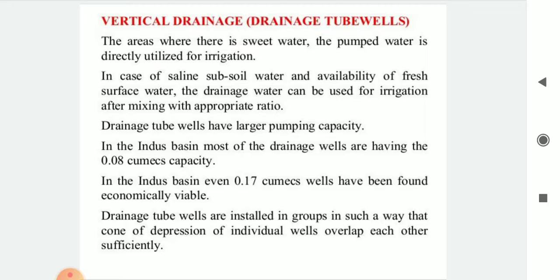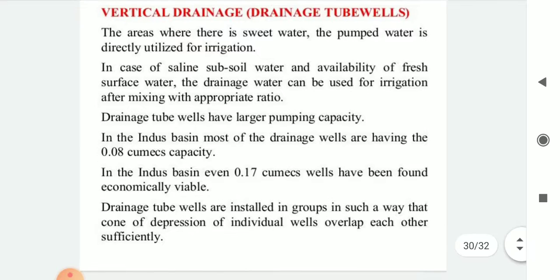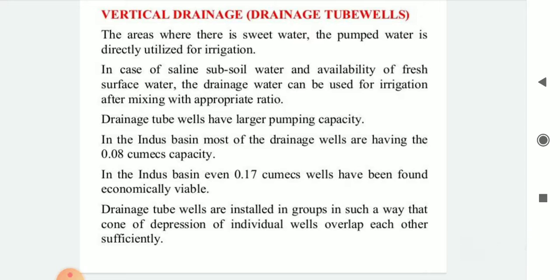In case of saline subsoil water and availability of fresh surface water, the drainage water can be used for irrigation after mixing in appropriate ratio. Drainage tube wells have larger pumping capacity. In the Indus basin, most of the drainage wells have 0.08 cubic capacity, and even 0.17 cubic wells have been found economically viable. Drainage tube wells are installed in groups in such a way that the cones of depression of individual wells overlap each other sufficiently.